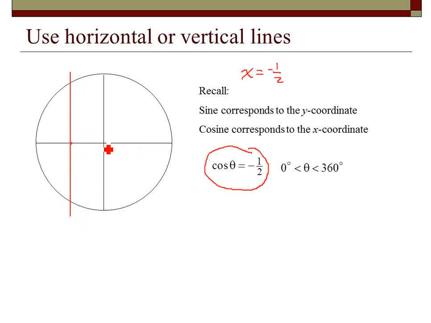I draw from the origin out to the point. It's not in the middle, so it's not going to be one of my 45-degree angles. This one's a little bit closer over here, so this is a smaller angle, about 30 degrees. So I got 90 plus 30. That makes theta equals 120 degrees.